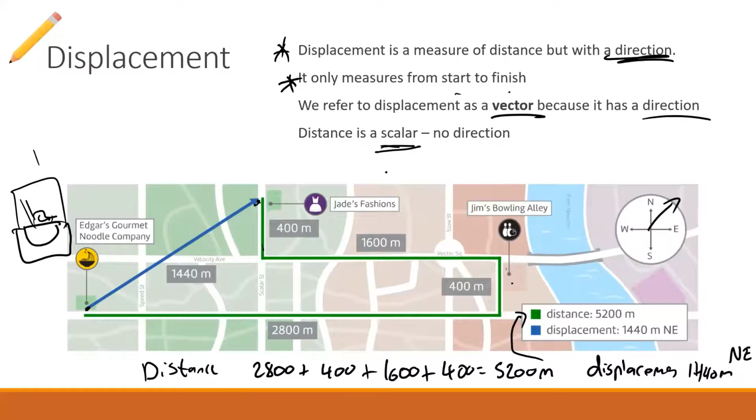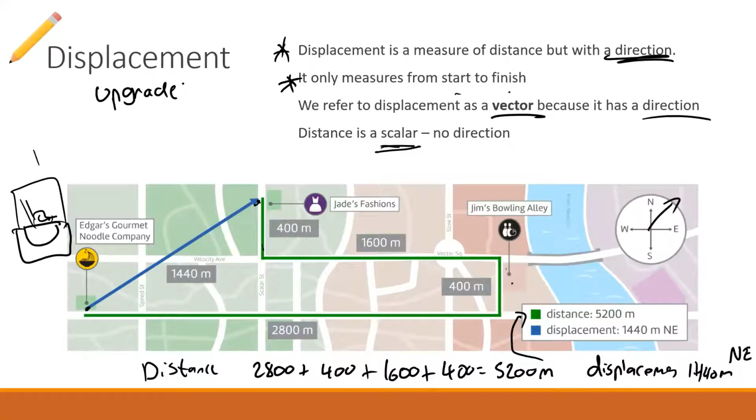Now, this is going to be important later on, because later we're going to talk about speed in this way. I like to sometimes think about displacement as an upgrade to distance. It's a level up. You've got distance, which is like the boring base tier level.